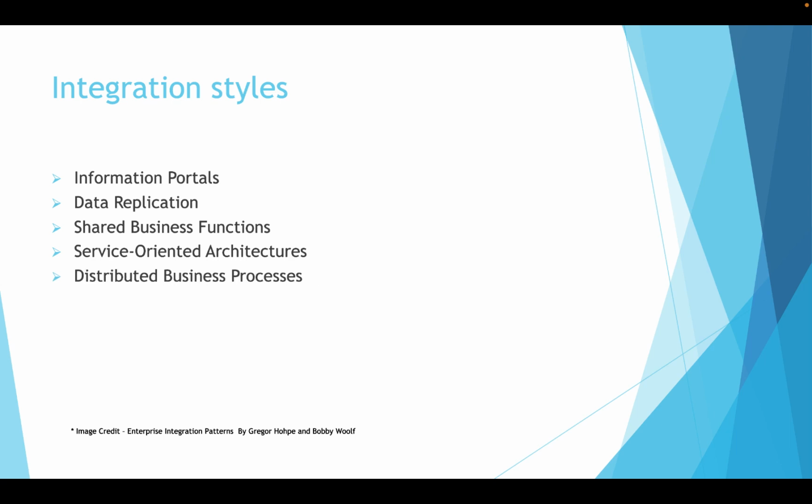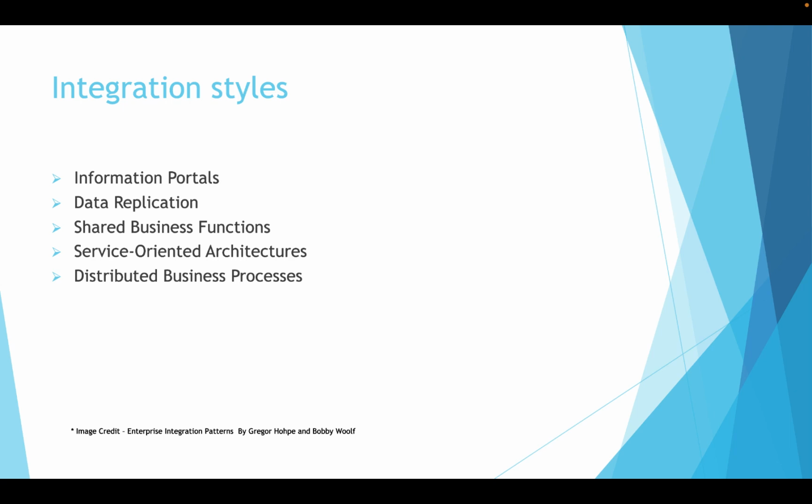It is also called SOA, and it breaks a system into loosely coupled services that communicate via APIs. Then we have distributed business processes, where workflows span multiple applications and multiple SaaS applications, and we use Logic Apps and other services to combine these and bring information together from and to these systems.